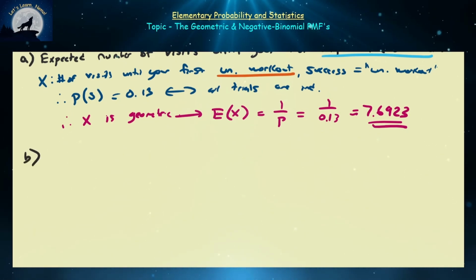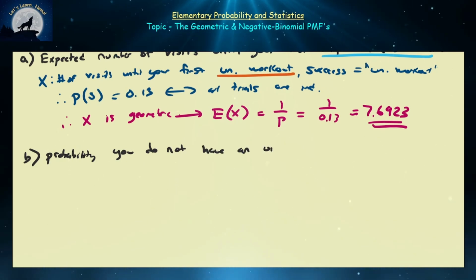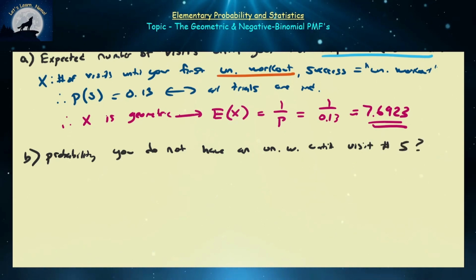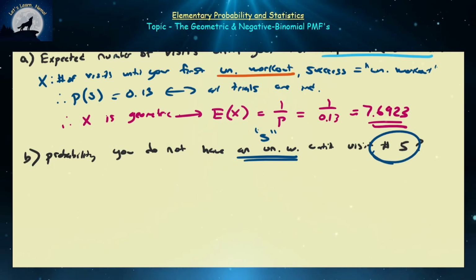But let's do some probability examples. What is the probability you do not have an unproductive workout until visit number 5? Our first success doesn't occur until number 5.